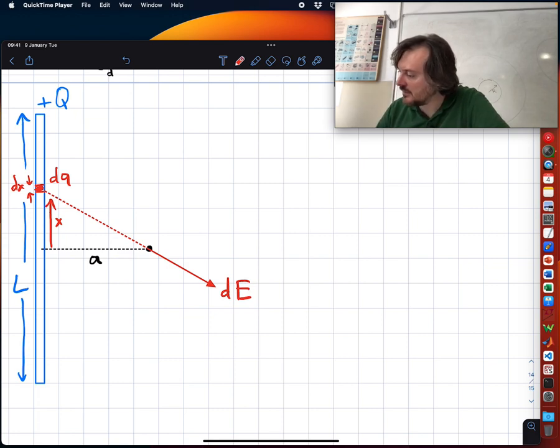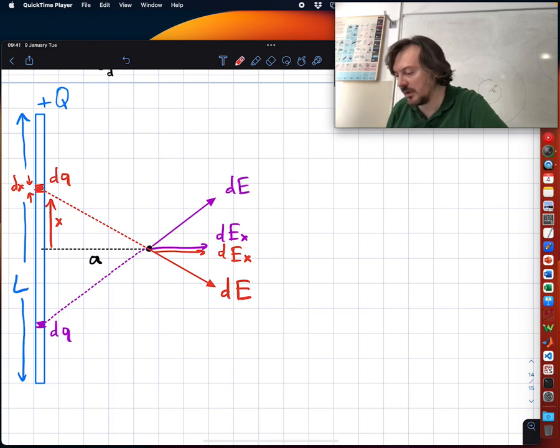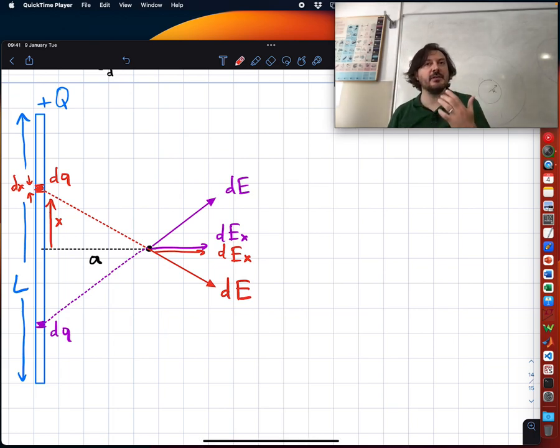Now, as you can imagine, there will always be another dq over here that would have another dE in that direction, right? And its x component would reinforce the other one, but the y components would cancel, right? We don't have this symmetry if it's not right halfway over there.